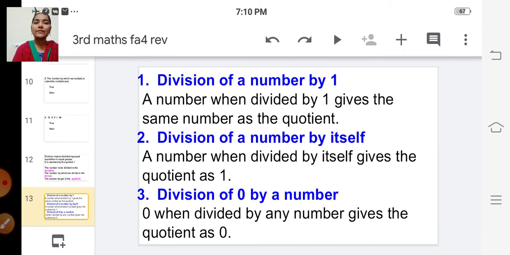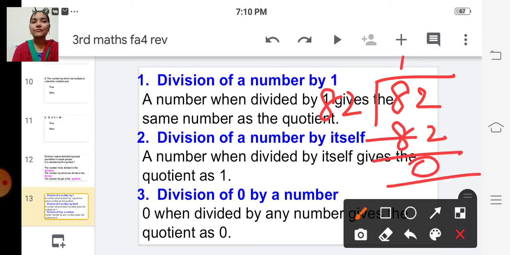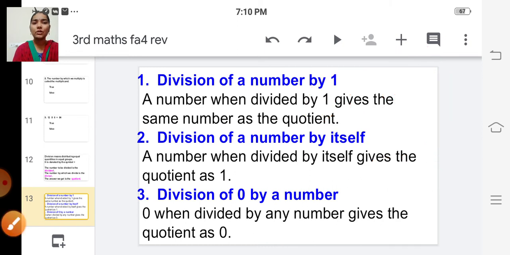Second one, division of a number by itself. If we divide 82 by 82, then what we will get? One time it will go, isn't it? So if we divide a number by itself, we get the quotient as 1. Third one, division of 0 by a number. 0 when divided by any number gives the quotient as 0.